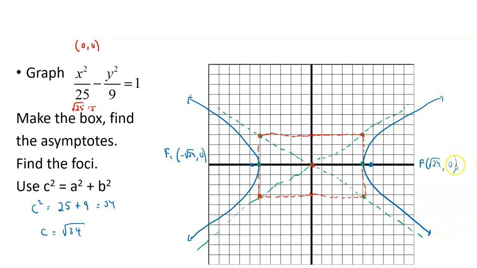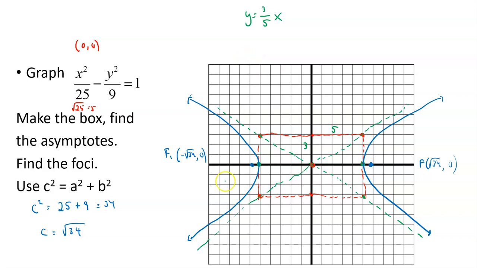The other thing I can do is I can find the equation of the asymptotes. So the equation of the asymptotes in this case is pretty easy because it goes through the origin. So I just have to count. This one goes up 3 and to the right 5. So change in y over change in x. That's the equation of one of the asymptotes.